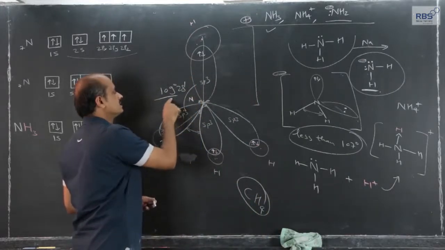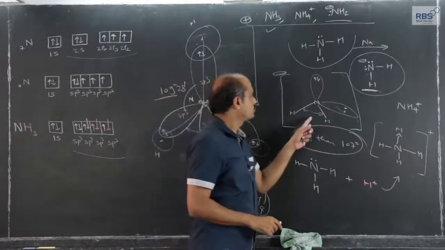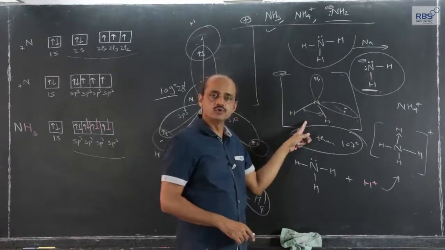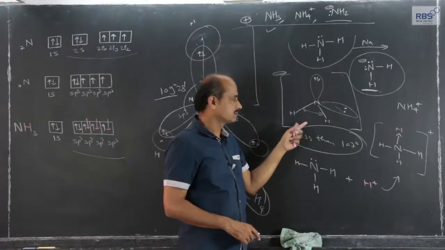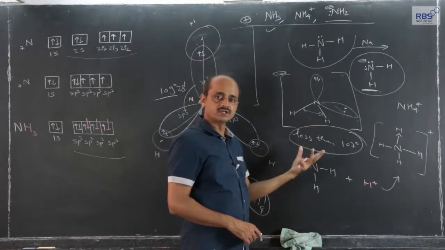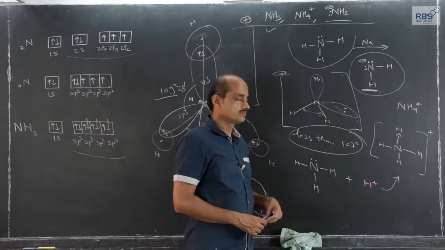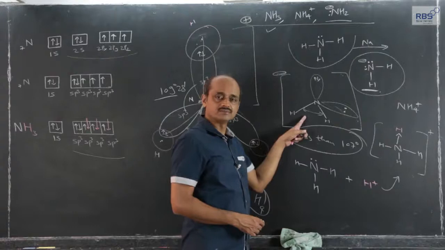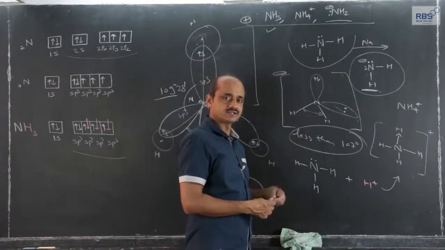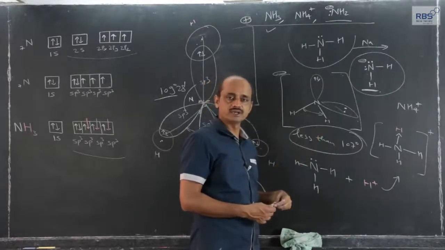In ammonium ion it changes to perfect tetrahedral bond angle, and in NH2 minus ion, because of two lone pairs in sp3 hybrid orbitals and two bond pairs, the bond angle will further reduce, like what had happened in case of H2O. It will be less than 107. So, this is how the bond angle and geometry change in ammonia, NH4 plus ion and NH2 minus ion.